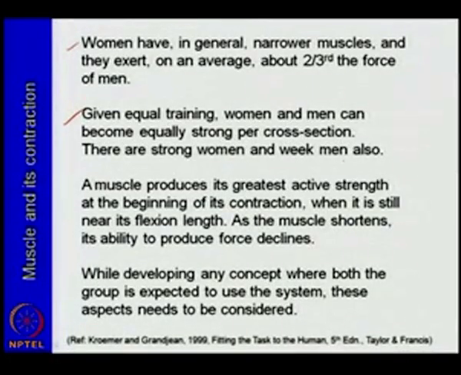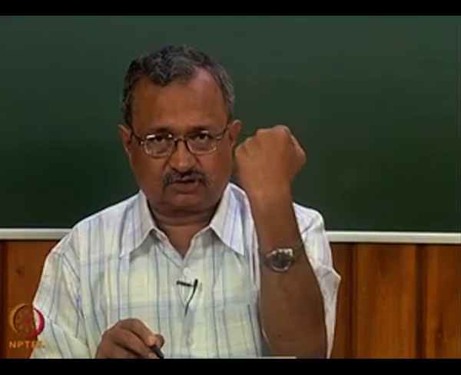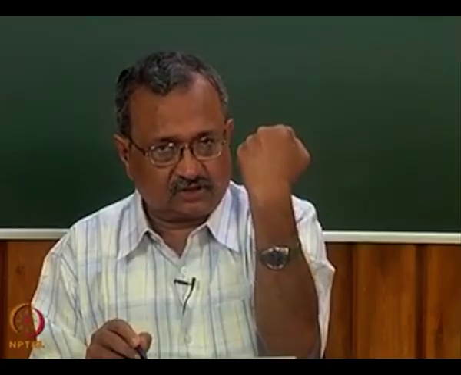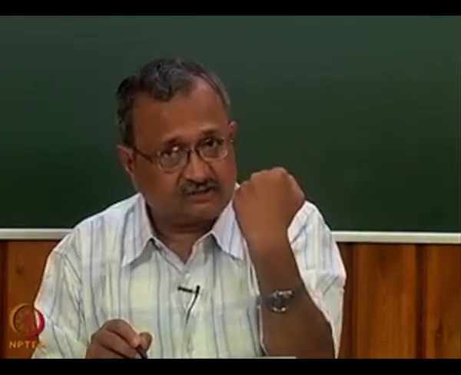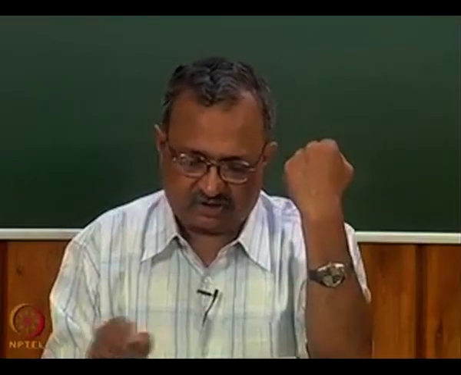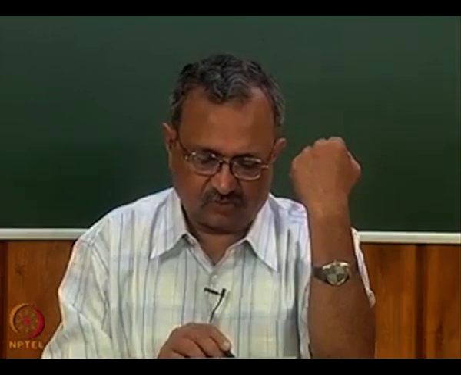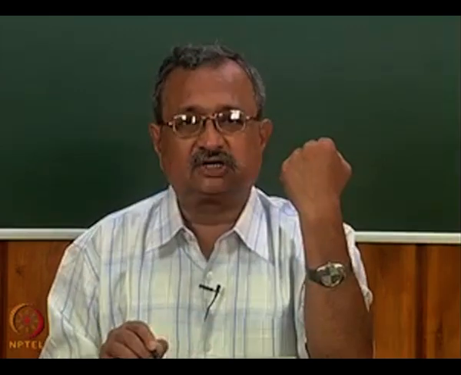A muscle produces its greatest active strength at the beginning of its contraction. When the muscle starts contracting at the beginning, it exerts maximum force and then slowly it reduces. When it is still near the flexion length, as the muscle shortens, its ability to produce force declines.